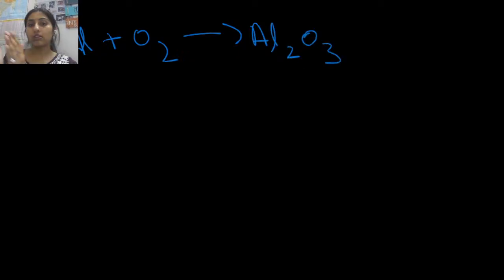There are 3 oxygen atoms over the product side and 2 oxygen atoms on the reactant side, and 1 aluminium atom and 2 aluminium. So firstly we will balance the aluminium.